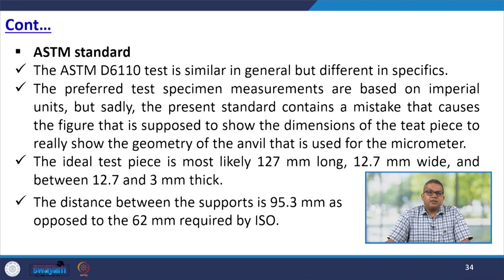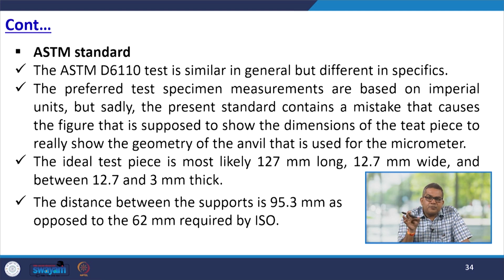The ASTM standard, the ASTM D6110 test, is similar in general but different in specifics. The preferred test specimen measurements are based on imperial units, but sadly the present standard contains a mistake that causes the figure that is supposed to show the dimensions of the test piece to really show the geometry of the anvil that is used for the micrometer.